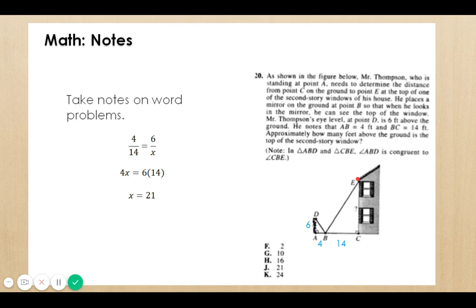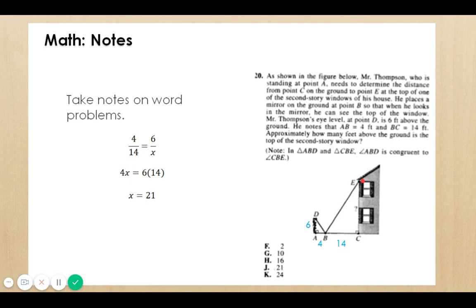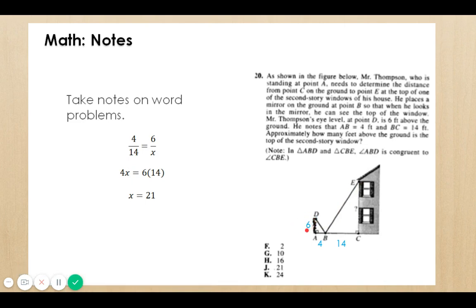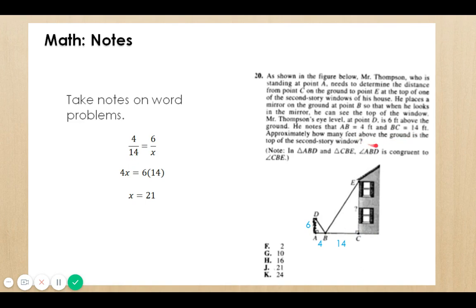He places a mirror on the ground at point B so that when he looks in the mirror, he could see the top of the window. Mr. Thompson's eye level at point D is 6 feet above the ground. So you can see I took a note and put the 6 there. He notes that AB equals 4 and BC equals 14. Approximately how many feet above the ground is the top of the second-story window?